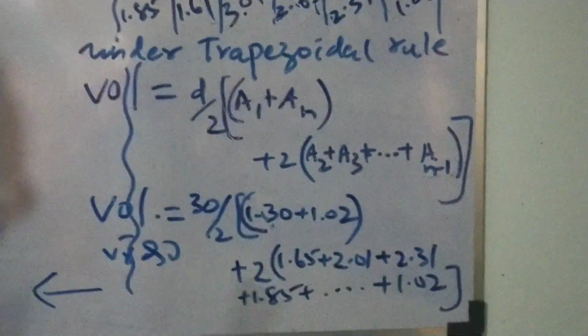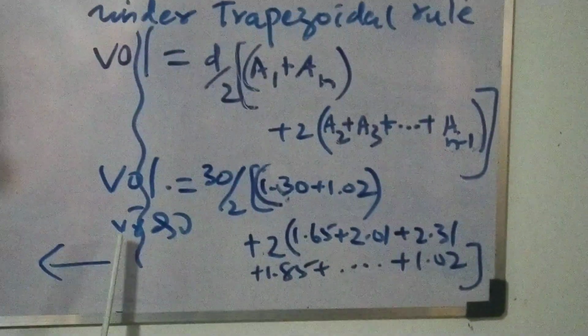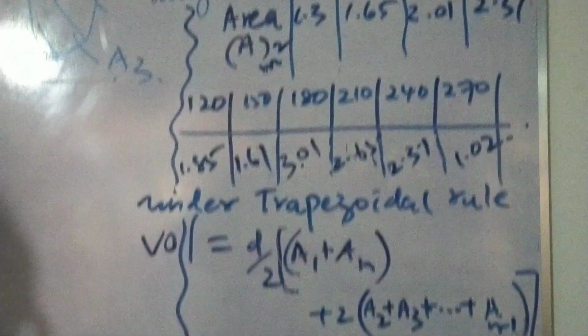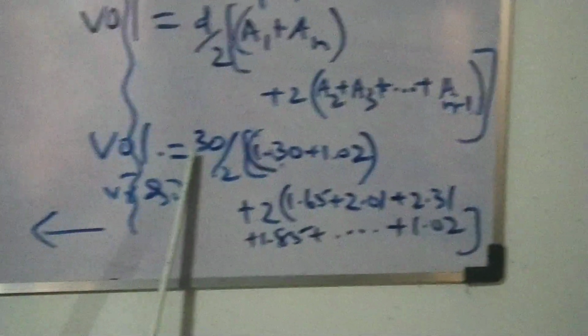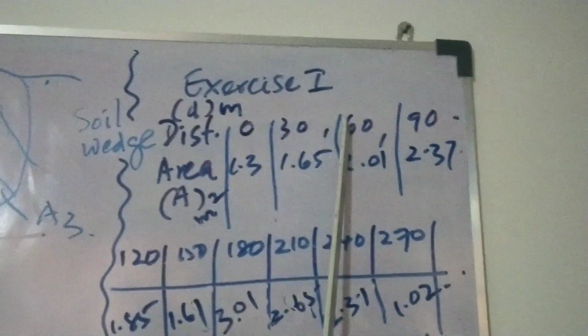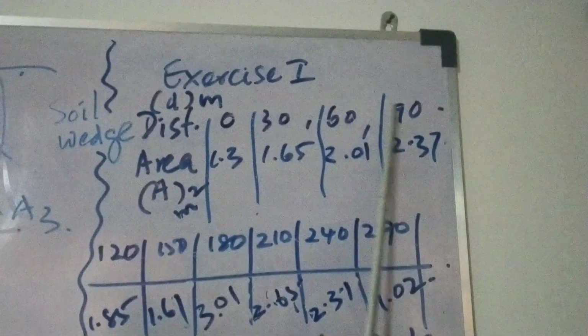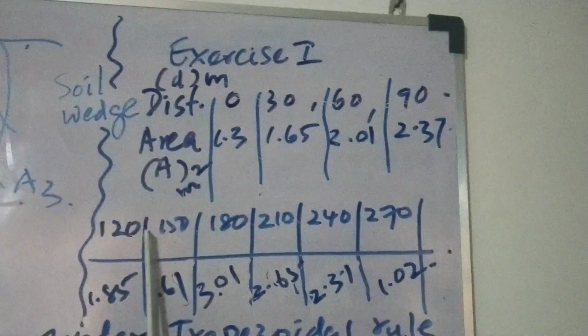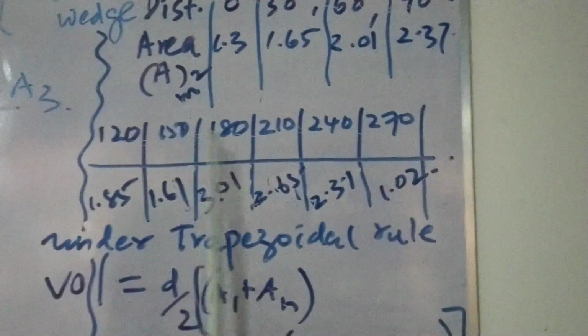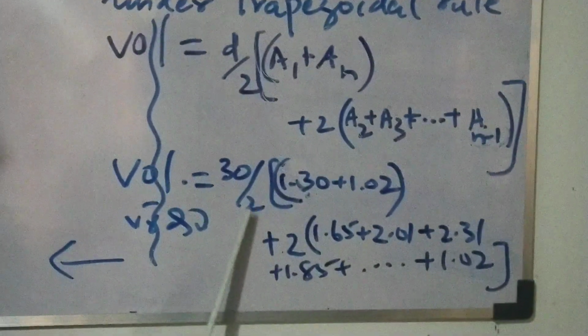Bracket close. Then we want to compute the volume of the soil wedge. The distance D is 30. 30 to 60 means 30, 60 to 90 means 30, everywhere else is 30. Then the factor is 30 by 2.